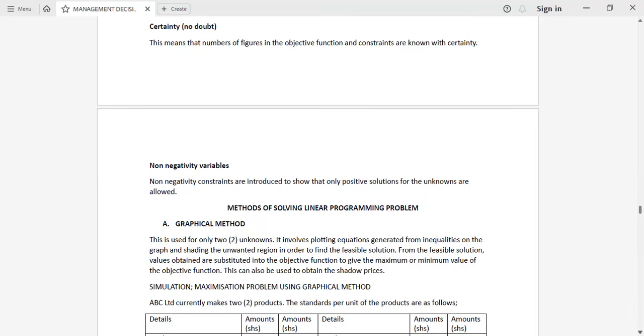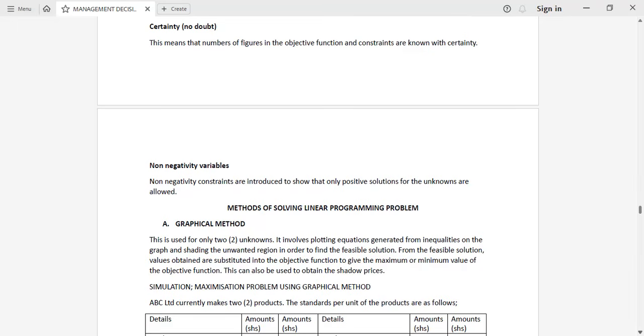That's why at the end, when you have given our constraints, we make sure that we introduce that non-negativity concept to show that these values can never be negatives. They can be zero, but they will never be negatives. It means they are only going to be positive values.